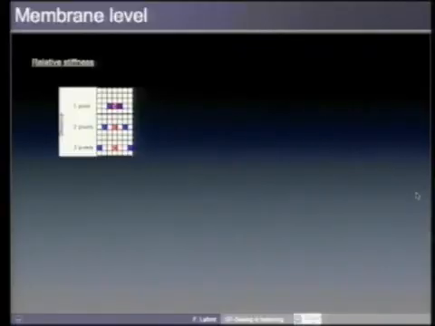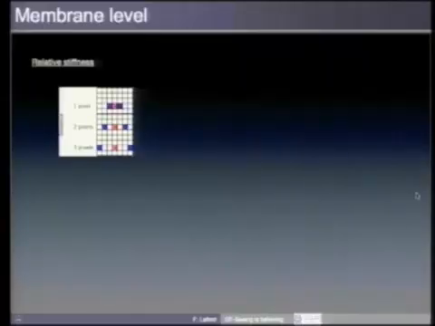First, let me introduce the way we are monitoring the stiffness of a membrane in a living cell. What I said before is that you can obtain information about the stiffness of the sample when the cantilever is indenting into the cell. Now, what I will explain is that we are able, inside the cell, to monitor only the stiffness of the membrane. For this, we use what we call the relative stiffness.